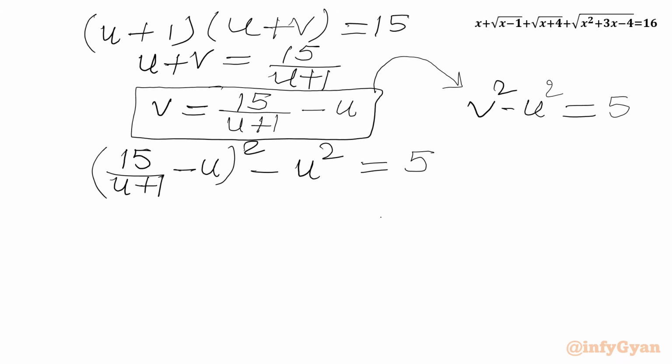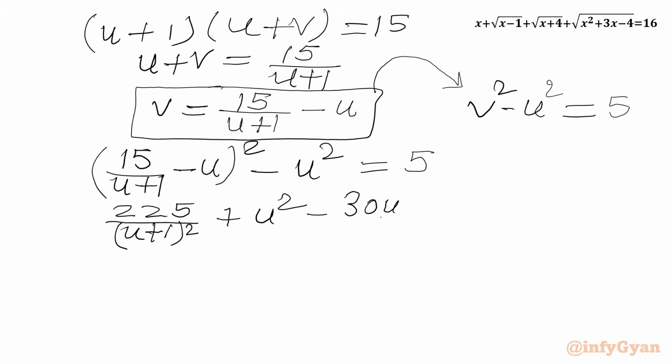Now we will expand using the a minus b whole square formula. We will get 225 over u plus 1 whole square plus u square, a square plus b square minus 2ab, so minus 30u over u plus 1, minus u square equal to 5.